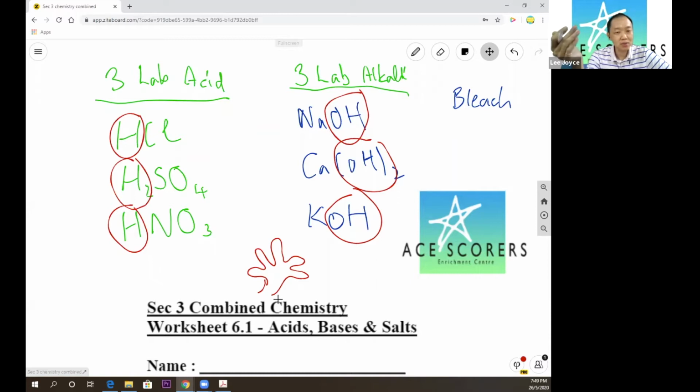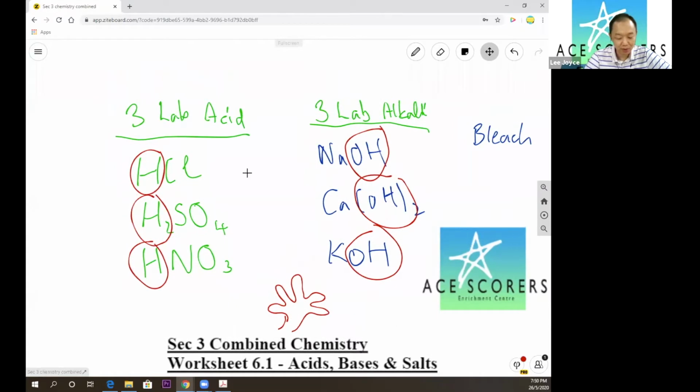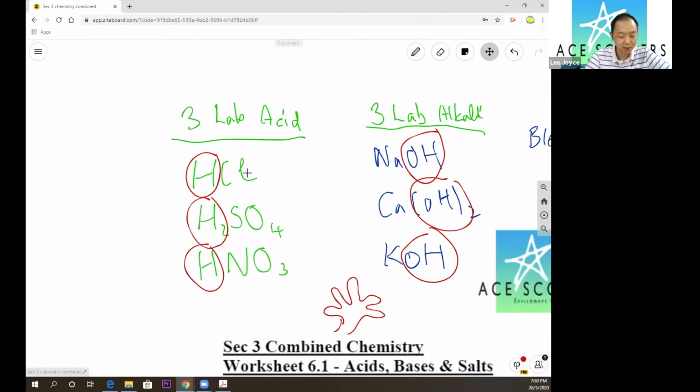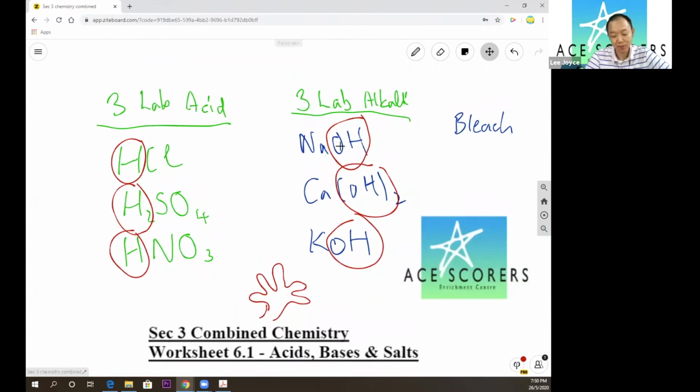Now in Sec 2, what we did was we forced you to memorize the 3 lab acids and the 3 lab alkalis. You don't have a choice. But now, because you go to Sec 3, you are exposed to a wider range of chemicals, because they are not always hydrochloric acid.